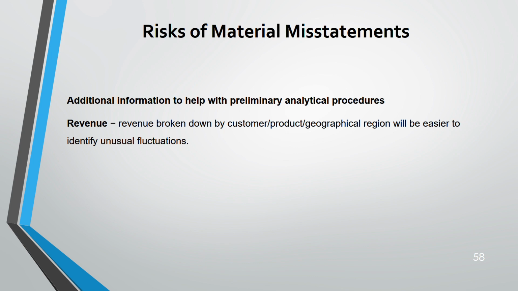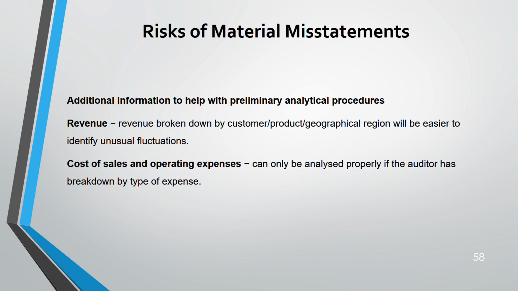You need to break down the revenue into groups, into classes, so that you can perform the analytical procedure. For example, you can break down the revenue by customer, by geographical location, by product, so that it's easier to identify unusual fluctuations rather than just looking at one revenue figure. You can see in which geographic region revenue is very high or very low, and by customer, which customer is giving us 80% of the revenue, which is the 20%. So you will understand. You can do the analytical procedure.